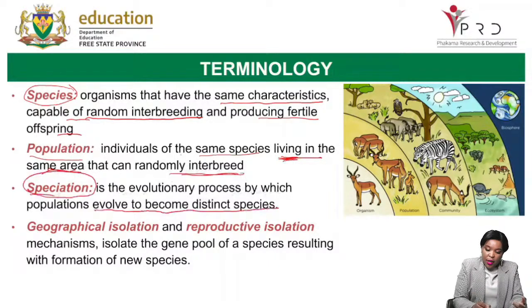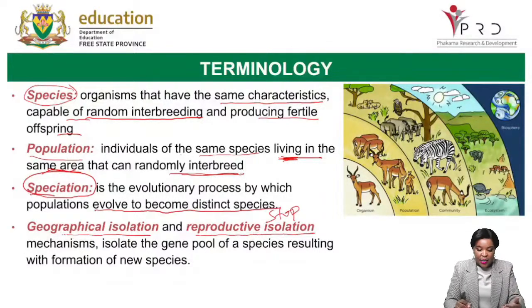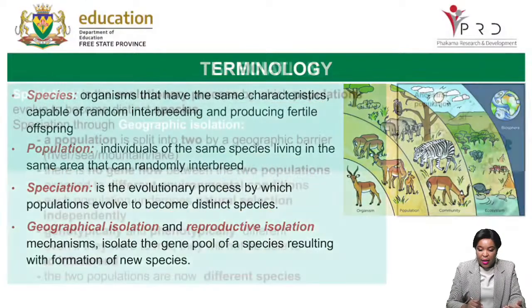After speciation, you must know that it is brought about by geographical isolation, and there is going to be reproductive isolation thereafter, because when species are no longer the same, it means there are certain things that are going to stop them, or isolate them, from reproducing with the original species, because now they are different. You must know all those mechanisms, I will show you just now.